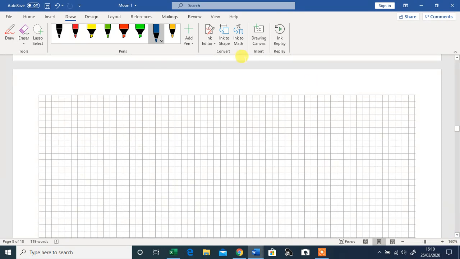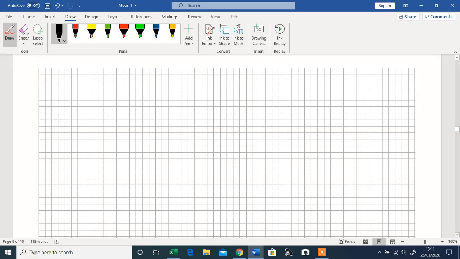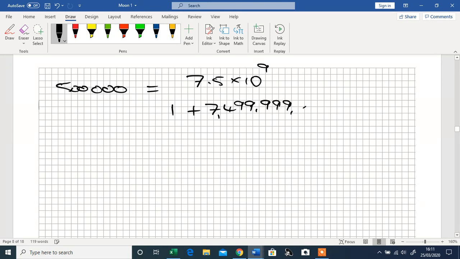And what we get is 500,000 equals 7.5 times 10 to the 9 over 1 plus 7 point, excuse me, we're writing it out as a whole number, 99999 e to the 4k.